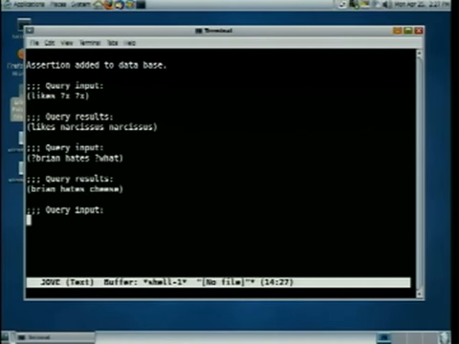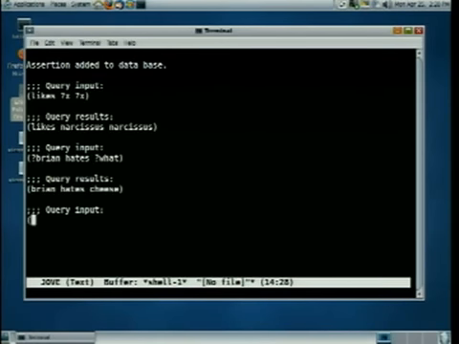Brian hates racism, and Brian hates Led Zeppelin, and there's lots of things that Brian hates. And similarly, there's lots of things that Brian likes that the system doesn't know about. It doesn't know Brian likes the Beatles. We'd like to be able to generalize this a little bit.